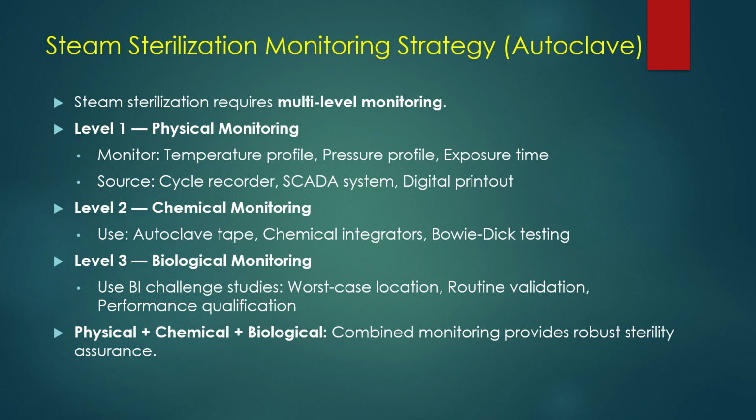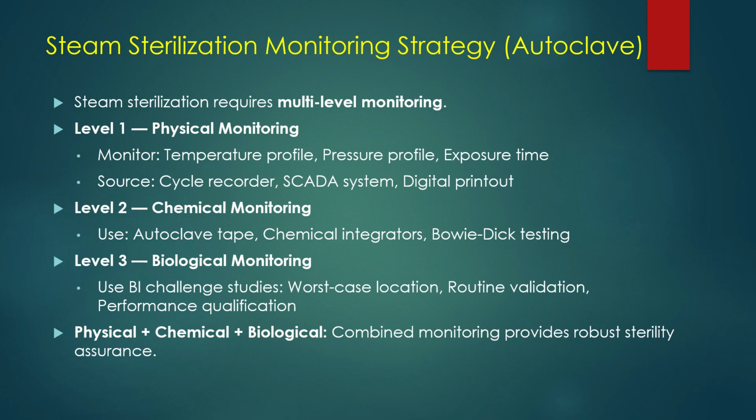Steam sterilization monitoring strategy. Steam sterilization in autoclaves requires a multi-level monitoring strategy to ensure effective sterilization. Physical monitoring involves tracking temperature, pressure, and exposure time using cycle recorders, SCADA systems, or digital printouts.